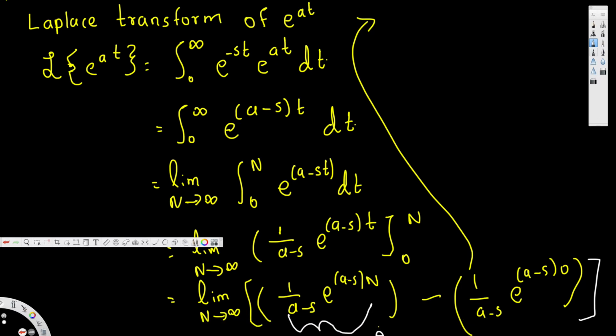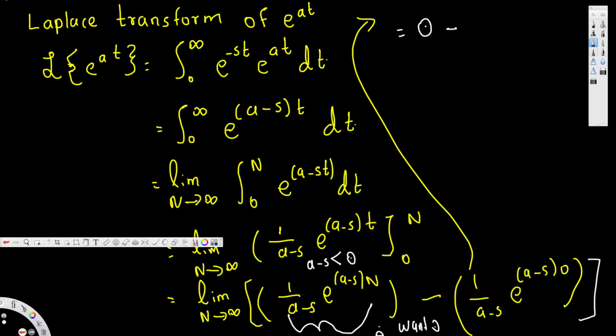To get the 0, we have to have a negative number here, because when we multiply n by a negative number, e power negative infinity is 1 over e power infinity, so it's a huge number in the denominator, so we will get 0. So in order to get 0, a minus s should be less than 0. This is a condition, and if we get a negative number, the first value is going to be 0, then minus.